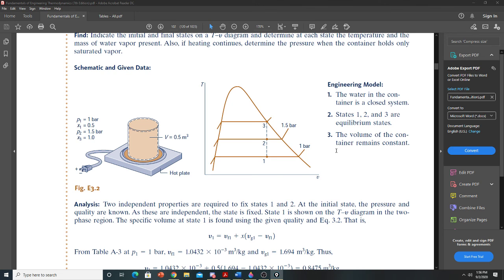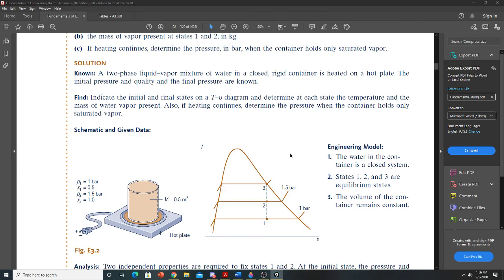And really quickly, if you were to do that next part, it would be the exact same. Essentially, also if the heating continues, determine the pressure when the container holds only saturated vapor. So what that would mean is that you would set your V value. You would go V3 is equal to Vg, right? Essentially, it is now saturated vapor. Your volume is now saturated vapor.